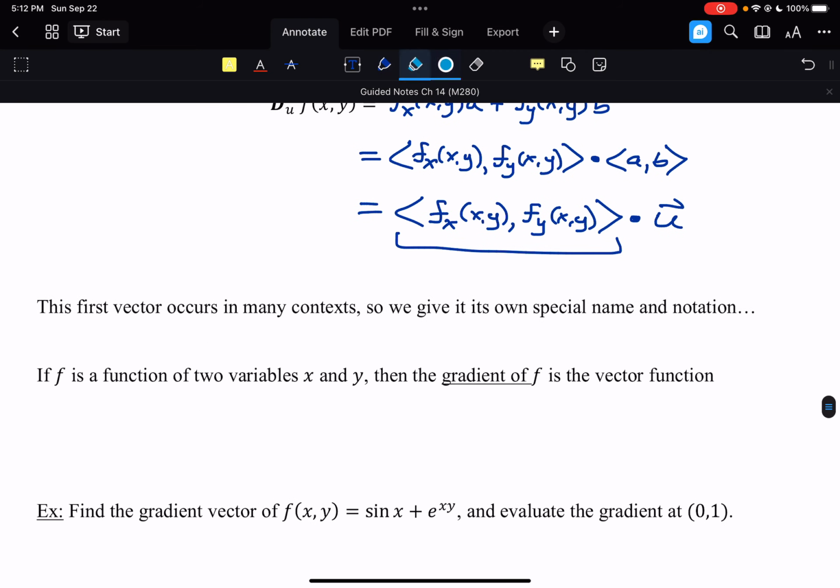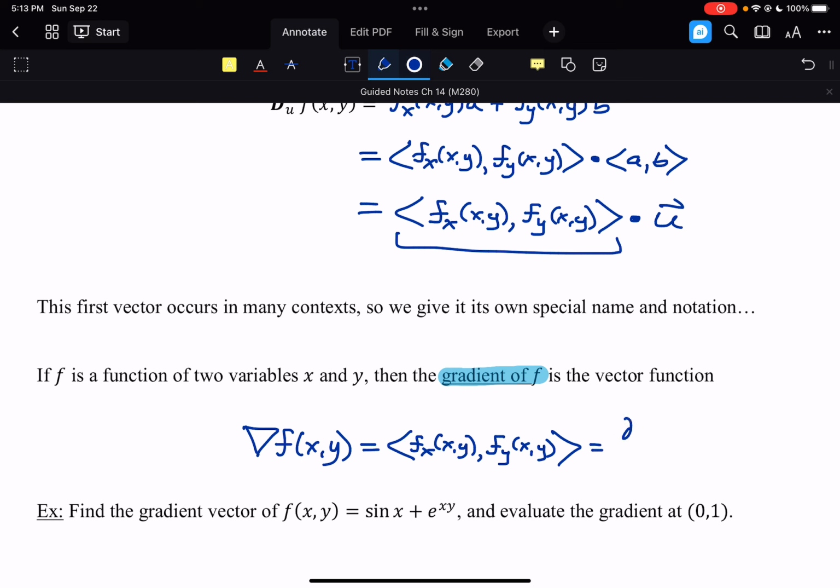So if f is a function of two variables, x and y, the gradient of f is the vector function whose notation is going to look like this. We've got an upside down triangle here, f of xy equals the vector whose components are fx and fy.